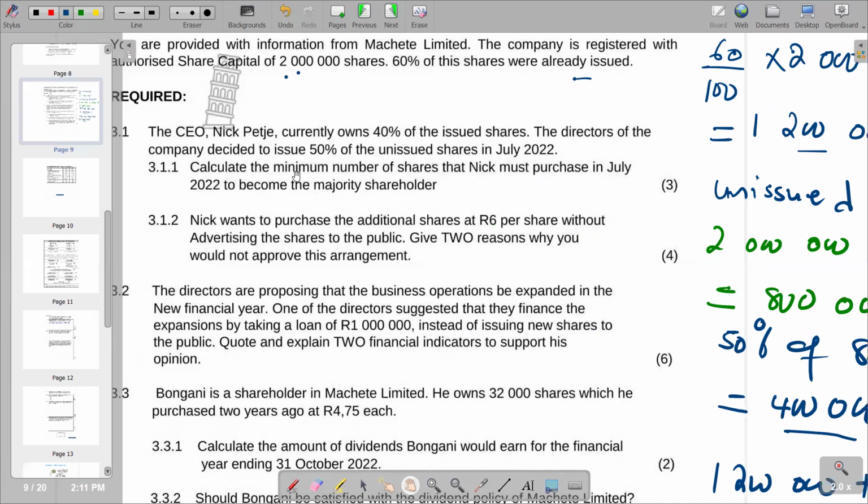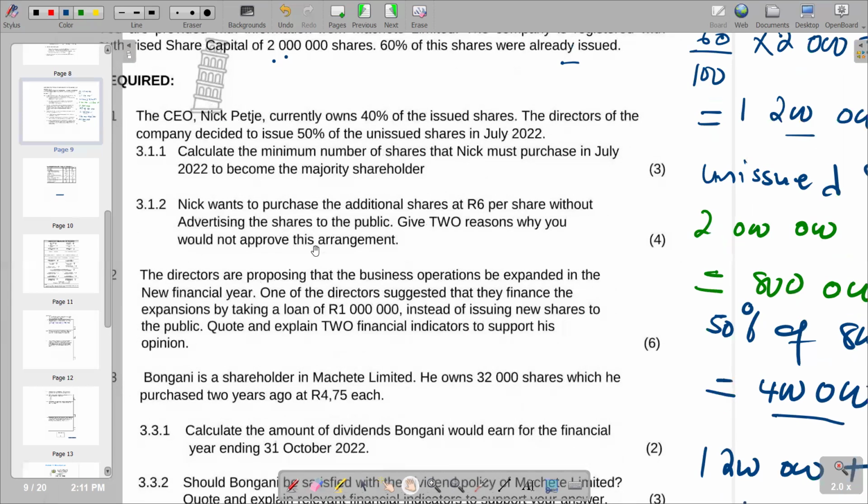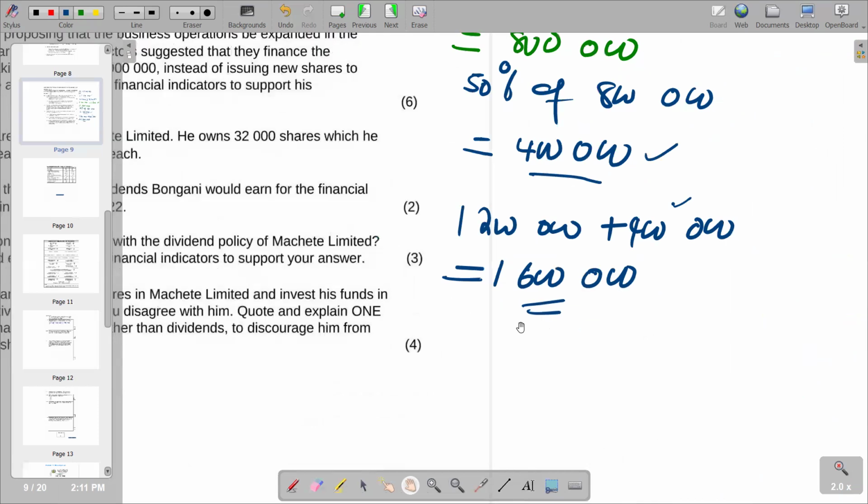3.1.1 reads, calculate the minimum number of shares that Nick must purchase in July 2022 to become the majority shareholder. For Nick Page to become the majority shareholder, he should own at least half of the shares that are in issue, which is 1,600,000.